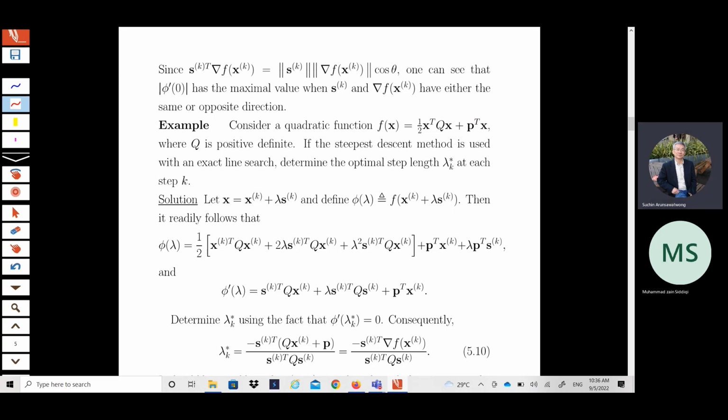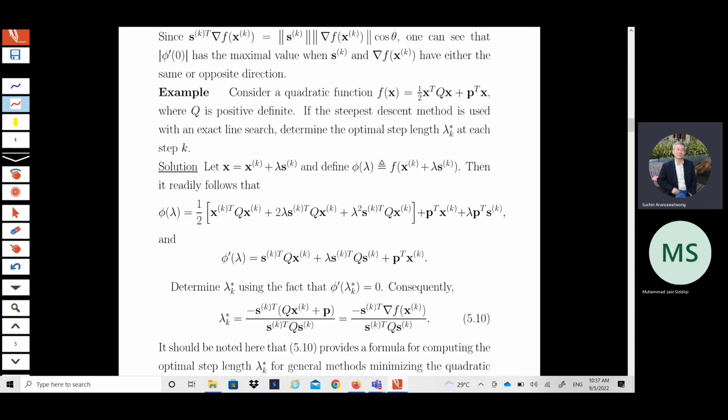When the function f is quadratic, we know the minimizer x star analytically, by the formula x star equals minus Q inverse times p. Now I will show you that in the line search, when the function f is quadratic, we can solve the line search problem analytically as well.